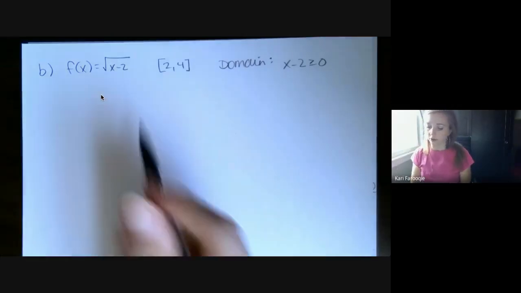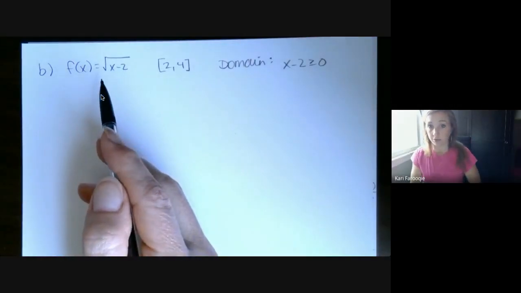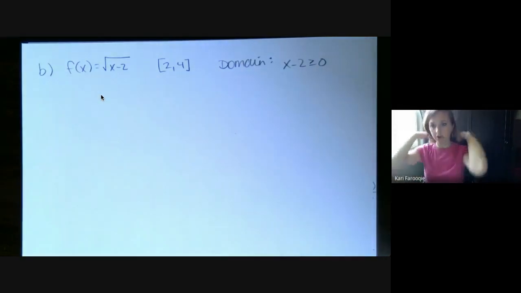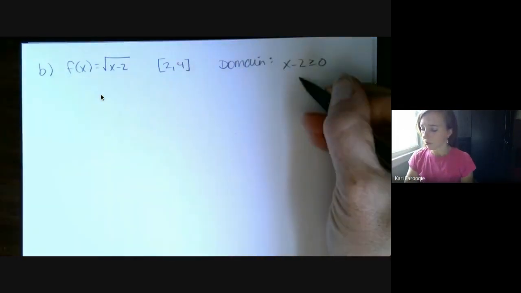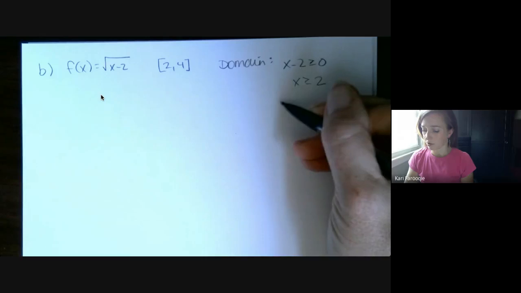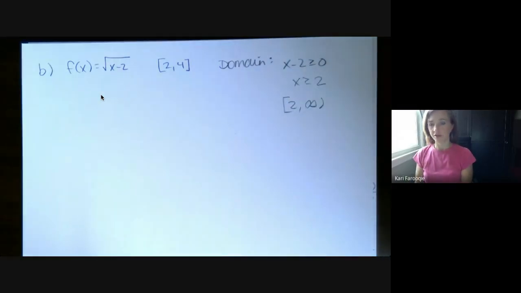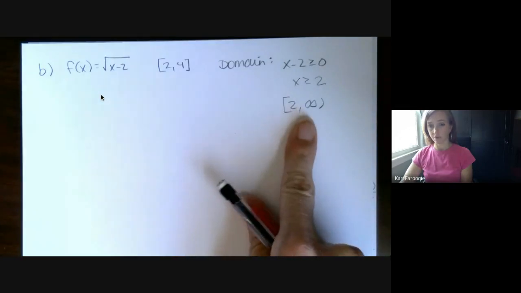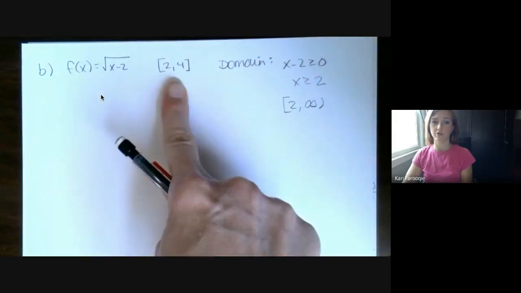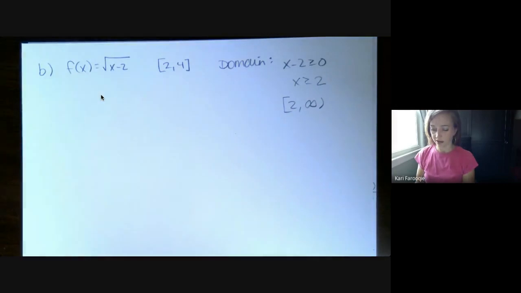We want this value underneath the radical to be at minimum 0, or any other positive values. So that means that x has to be greater than or equal to 2. So there's your domain. So if we're continuous here, then we'll definitely be continuous there. So that is not going to be a problem for us.